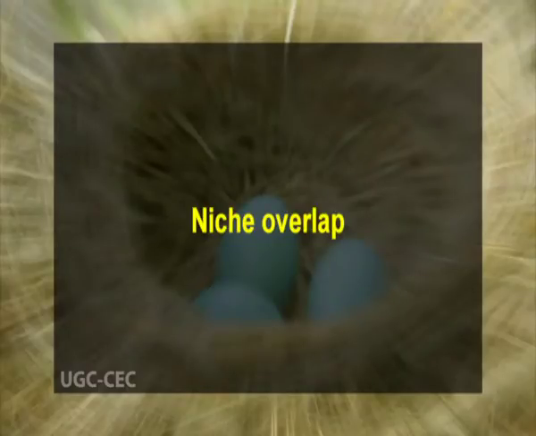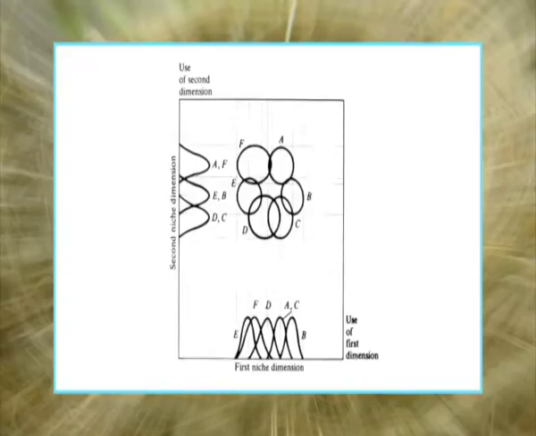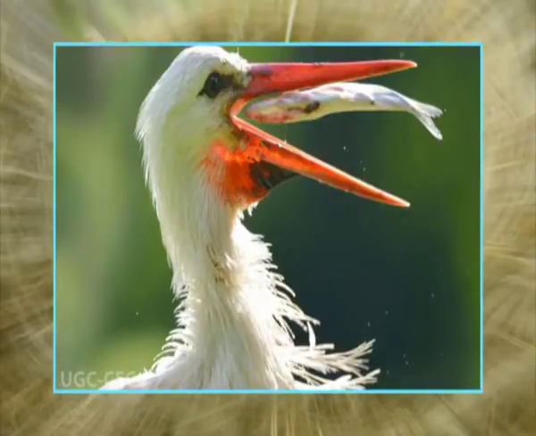Niche overlap. It occurs when two or more organismic units use the same resources or other environmental variables. In general, where niche overlap does occur as described, this is indeed only when the resource in question is superabundant.